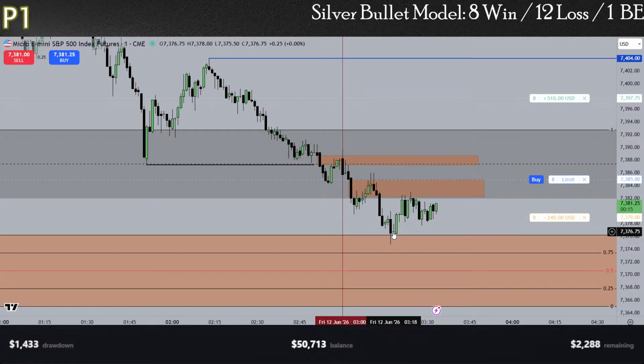So yeah, bulking up a little bit of strength here, and closing above this would be interesting nonetheless.